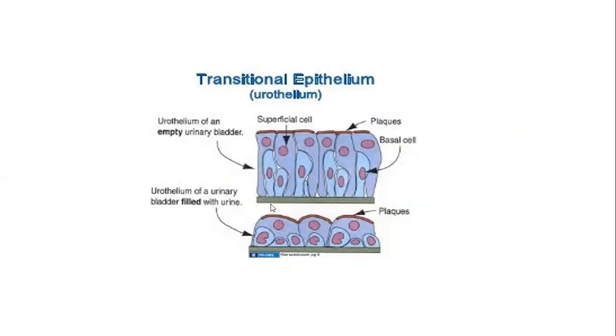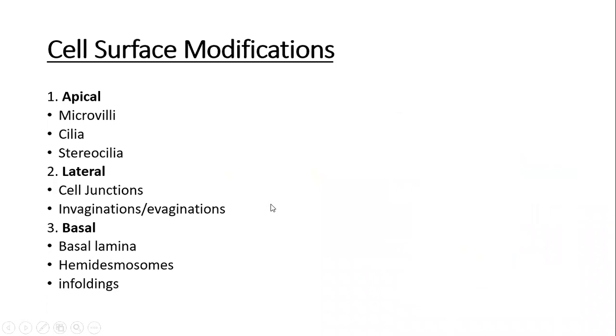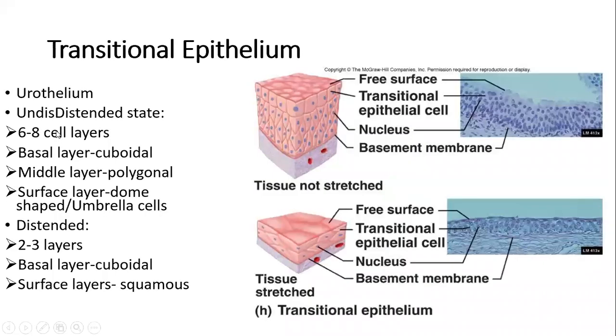So what is the reason for the undistended state having more cell layers and the distended state having fewer cell layers? There is basically a structural feature associated with the transitional epithelial cells that makes this change happen.